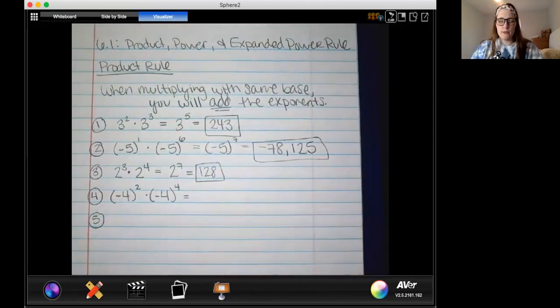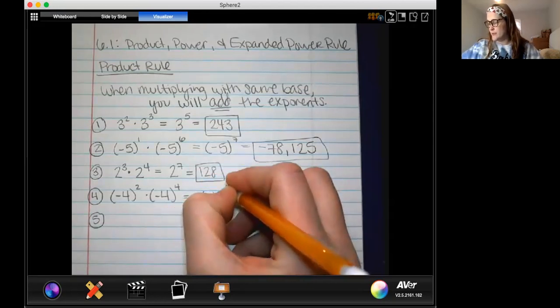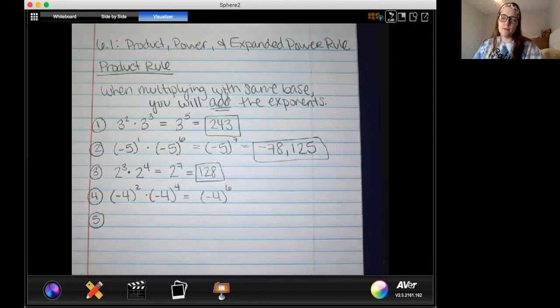Okay, how about number 4? -4 quantity squared times -4 quantity to the 4th simplifies as quantity -4 to the 6th. Remember, you do need to use parentheses.